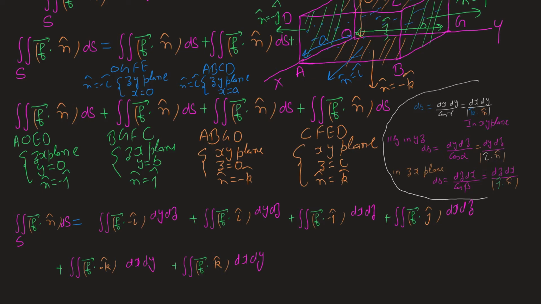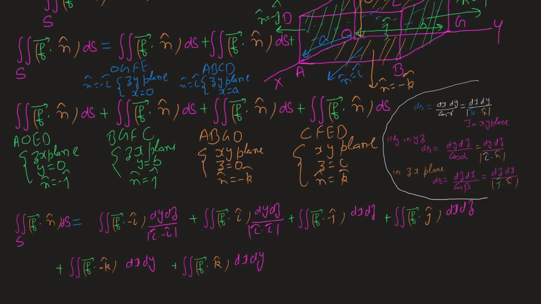If I write over here this formula, this one i cap, and our n cap is minus i cap, so here I will be writing i cap dot minus i cap.